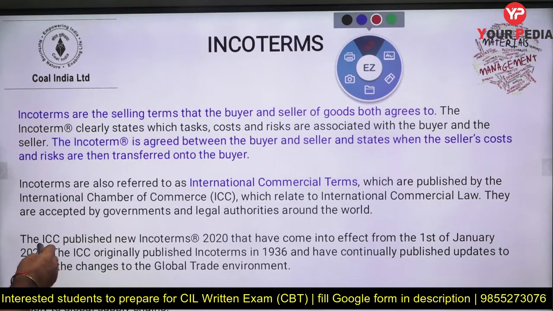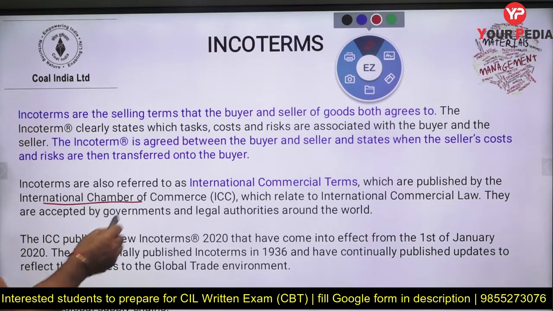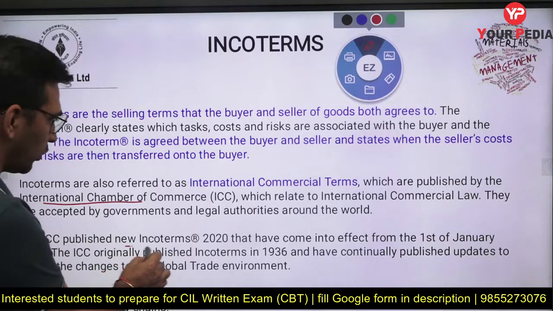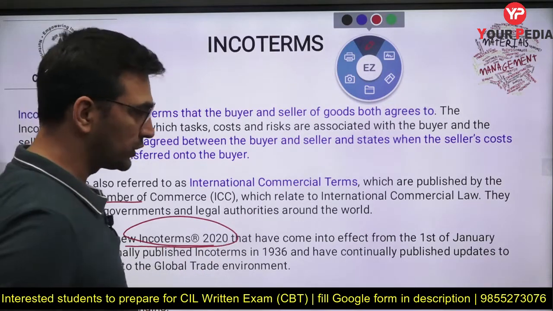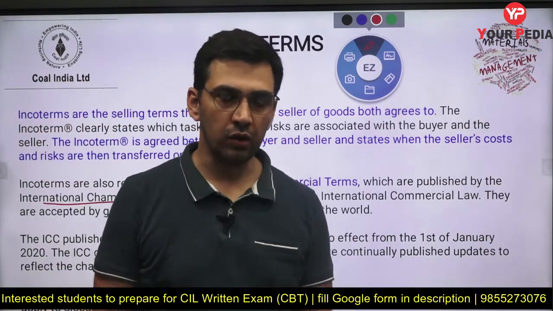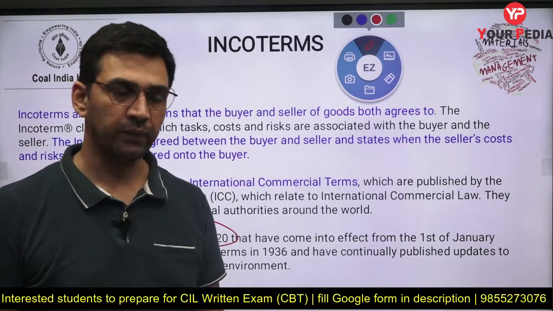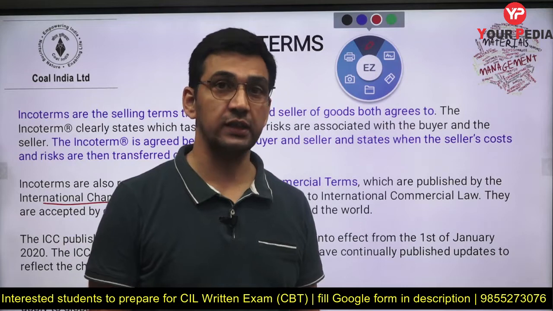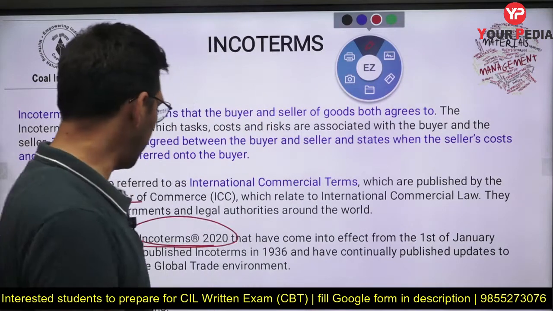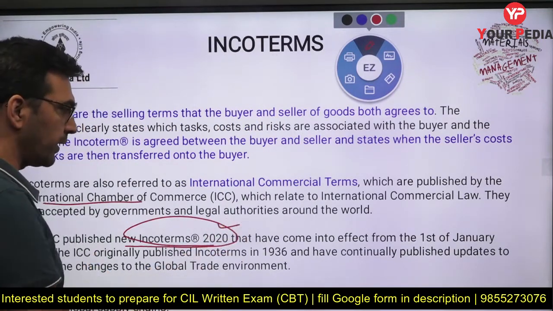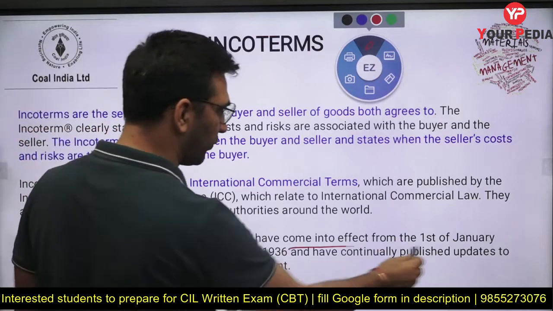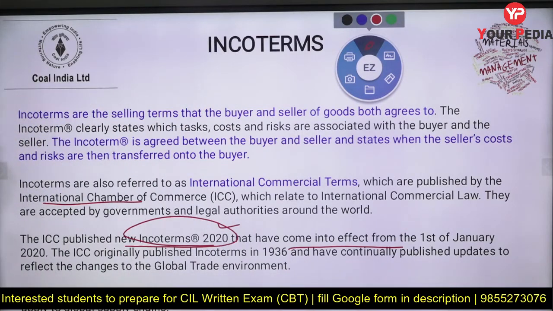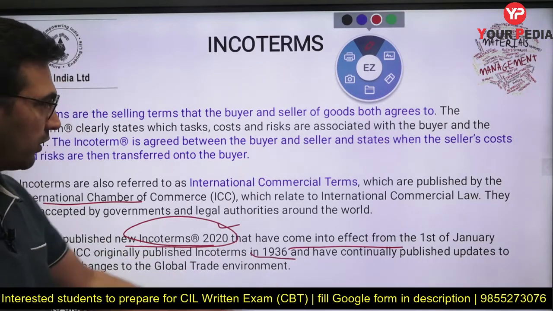Now ICC, the International Chamber of Commerce, published new Inco terms in 2020. This is the latest version, because as international trade laws keep changing, they also keep updating these terms. They have updated these Inco terms in 2020, and they came into effect from 1st January 2020. Originally they were published in 1936 and have continued to be published.